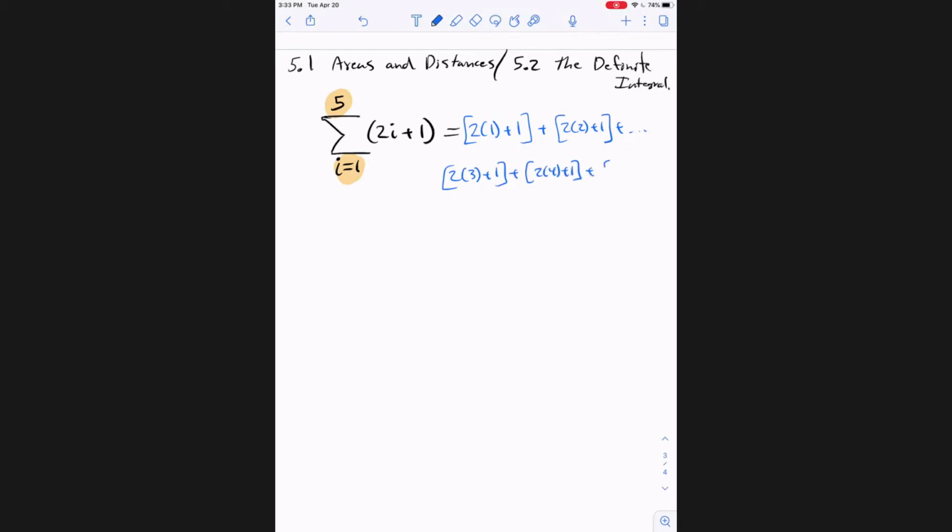And then plug in 5 for i. Then you stop, because the 5 is the number up there that you stop at. So this becomes 2 times 1 is 2 plus 1 is 3, so 3 plus 5 plus 7 plus 9 plus 11. Then you add them up, and the summation is 35.